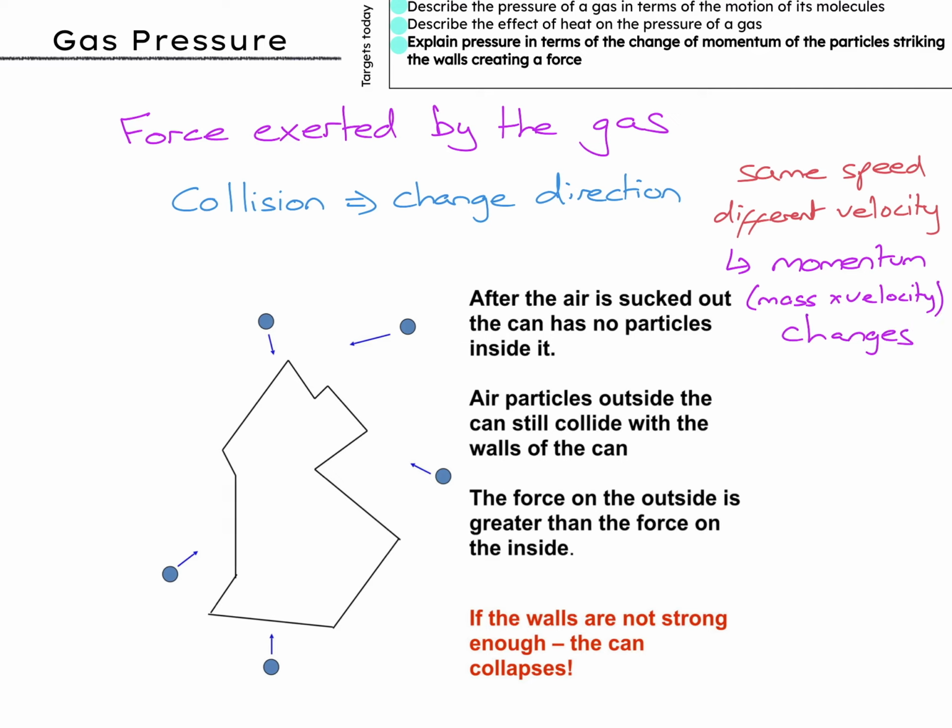Finally, Newton tells us that the force exerted is equal to the rate of change of momentum. So, when the particle bounces off the wall, there is a change in its momentum, so there must be a force using that equation. We'll come back to that when we learn about momentum fully, but it just seemed right to mention it now.